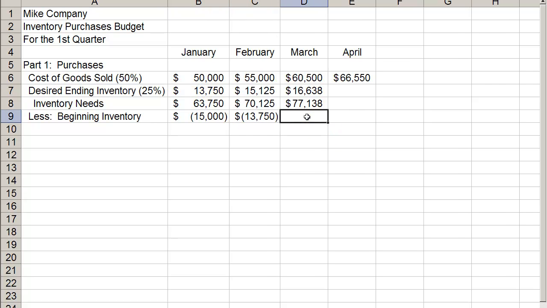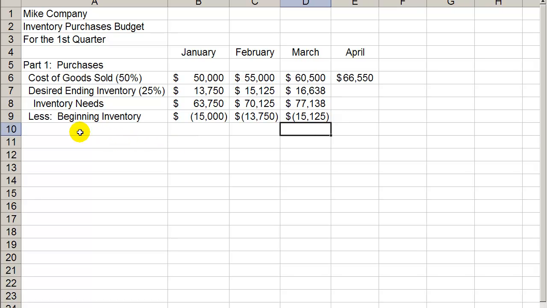And in March, it's what you expect to end with in February. So what you have now, your inventory needs minus what you already have, determines how much inventory in total each month you expect to purchase.